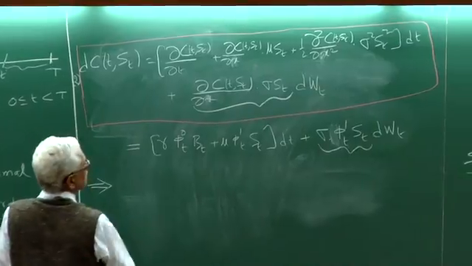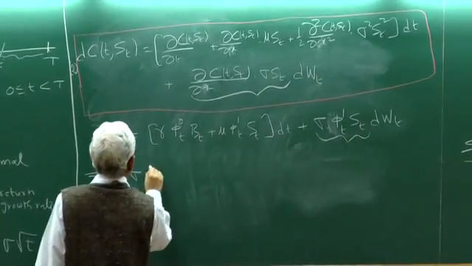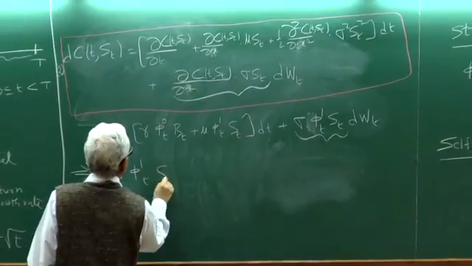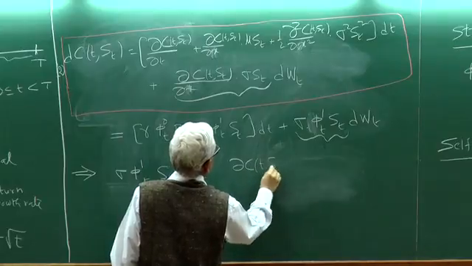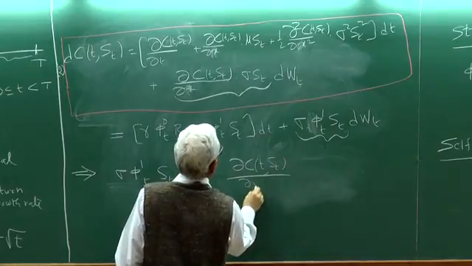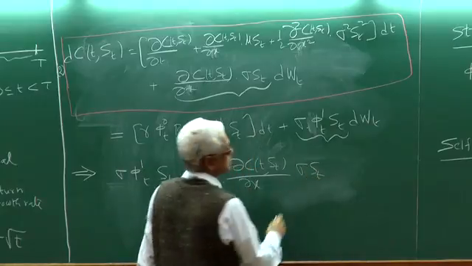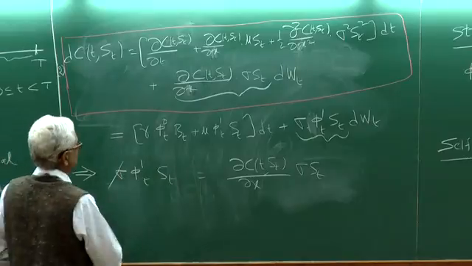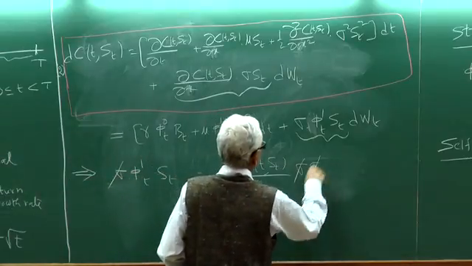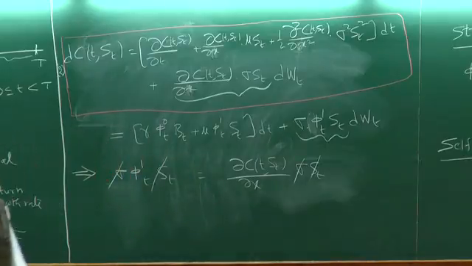You get sigma phi 1 of t S_t is equal to del C over del x at t, S_t times sigma S_t. Sigma is positive, S_t is always positive, given by an exponential. So I can chop them off.